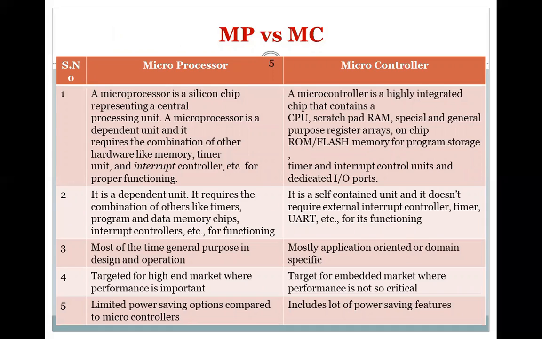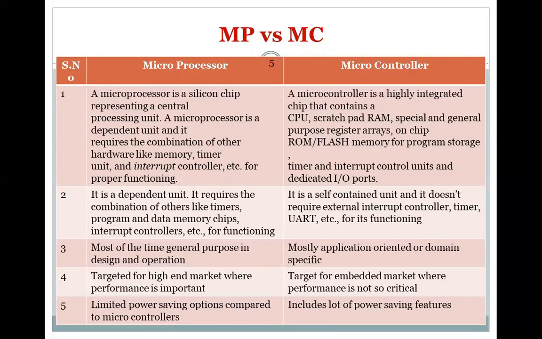Then, when the designer considers either a microprocessor or a microcontroller based on the application, there are differences. Let us see a few differences between microprocessor and microcontroller. As we are seeing, this microprocessor is a silicon chip represented as a central processing unit, and this requires a combination of other hardware like memory, timer, interrupt controller, and all this hardware required for proper functioning.